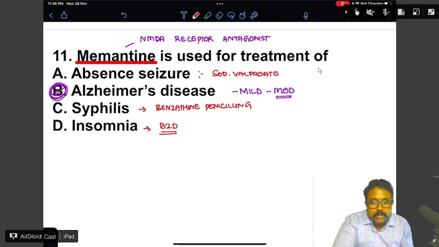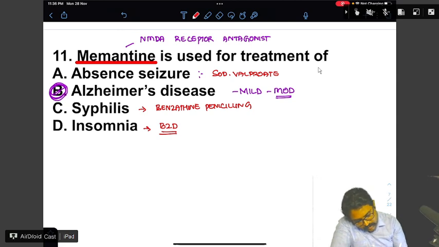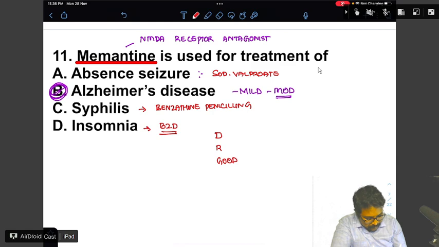So what are the other drugs that can be used in the treatment of Alzheimer's disease, where there will be an alteration in the cholinergic neurotransmission? You can use DRG. D stands for donepezil.